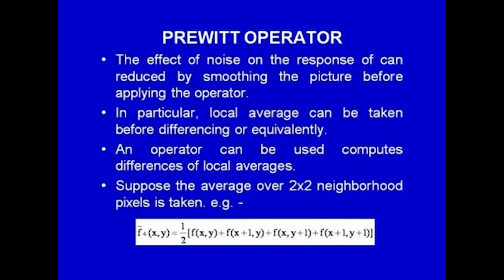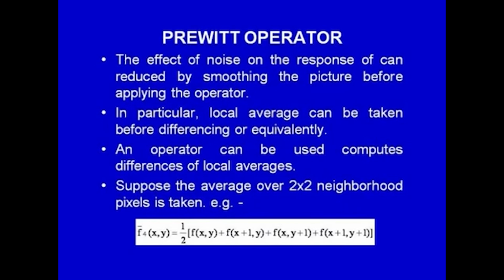The next operator is the Prewitt operator. The effect of noise on the response can be reduced by smoothing the picture before applying the operator. In particular, a local average can be taken before differencing, or equivalently, an operator can be used that computes the differences of the local averages.